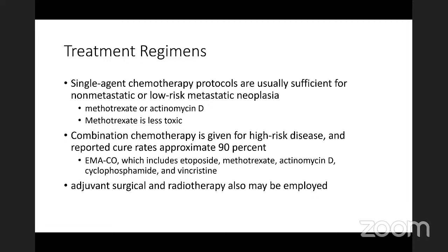Most common regimen would be your EMACO. This would include your etoposide, methotrexate, actinomycin D, cyclophosphamide, and vincristine. Adjuvant surgery and radiotherapy also may be employed.